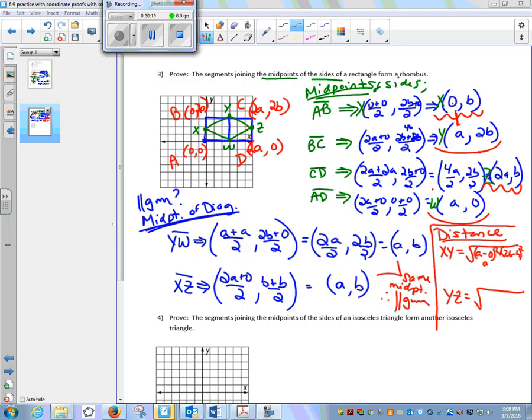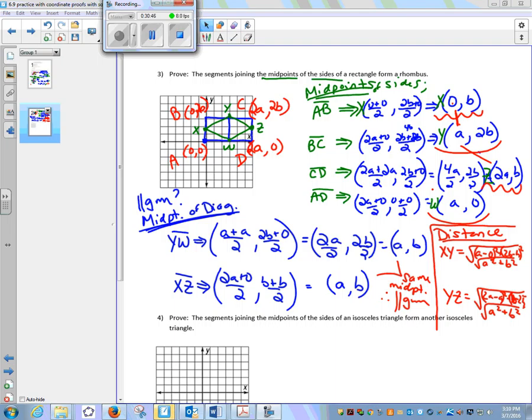That turns into a squared plus b squared, and we keep it under the square root sign. YZ, we're going to do the distance formula again. We get 2a minus a squared plus b minus 2b squared. Again, we get a squared plus b squared under the square root sign. They are the same, which means that this is a rhombus.